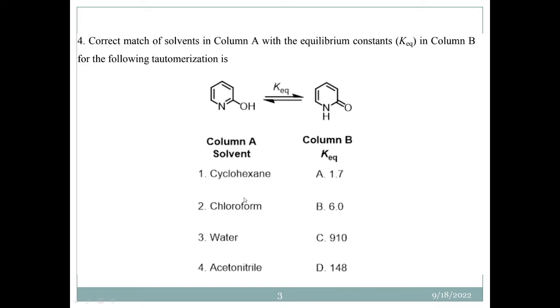So it will give a much higher equilibrium value. So it will go with B, 6.0, and cyclohexane will of course go with 1.7. So overall the answer is 1 with A, 2 with B, 3 with C, 4 with D. So this is a very simple question based on solvent polarity, which form it stabilizes.